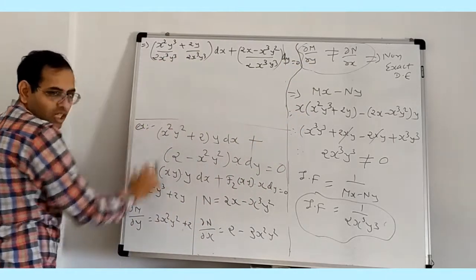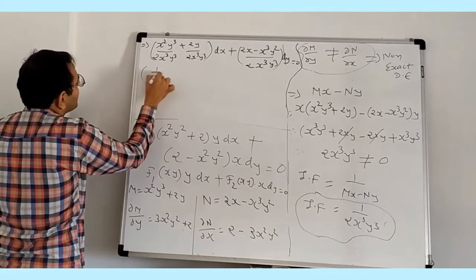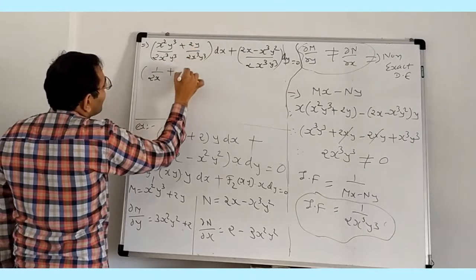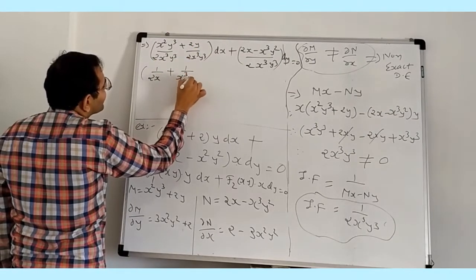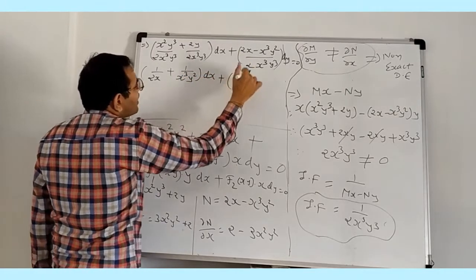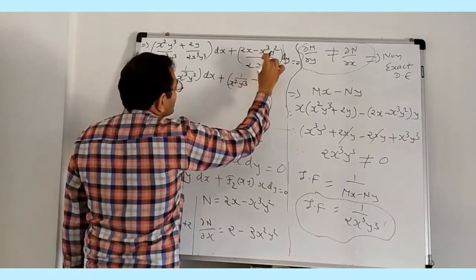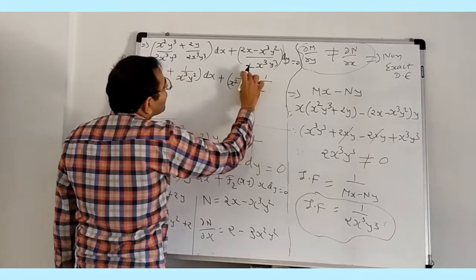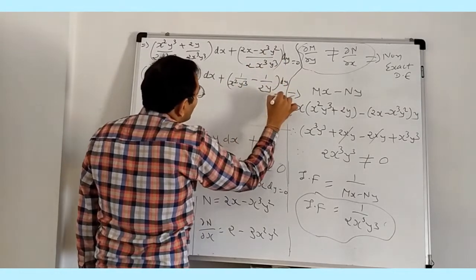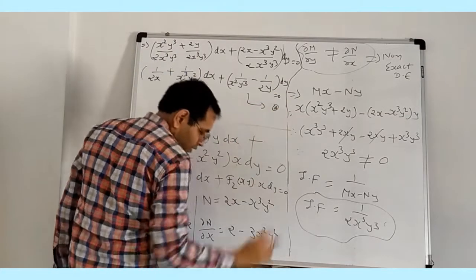Now simplify this term. Y cube cancels, x square cancels. Then we get 1 upon 2x plus, 2 cancels, y cancels, 1 upon x cube y square dx plus, here 2 cancels, x cancels, 1 upon x square y cube, x cube cancels, 2 as it is, y square cancels, then 1 upon 2y dy equal to 0. That is our equation number A.